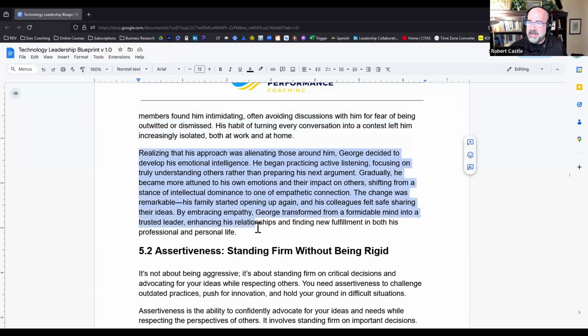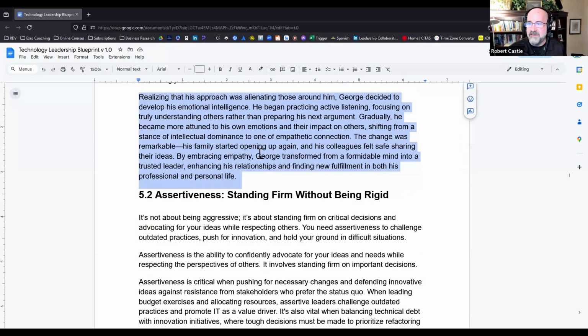Realizing that his approach was alienating those around him, George decided to develop his emotional intelligence. He began practicing active listening, focusing on truly understanding others rather than preparing his next argument. Gradually, he became more attuned to his own emotions and their impact on others, shifting from a stance of intellectual dominance to one of empathic connection.